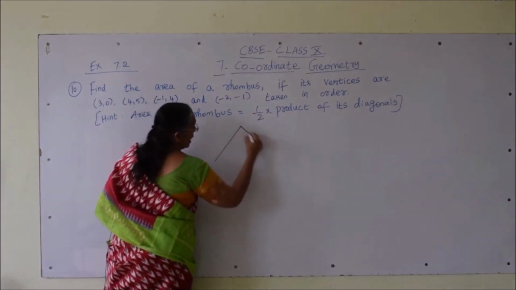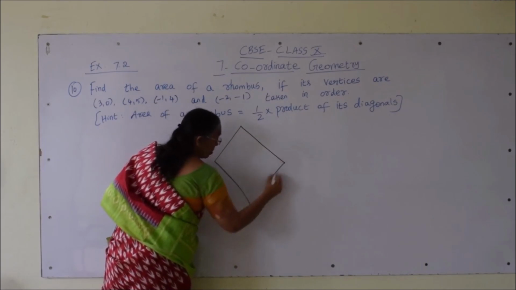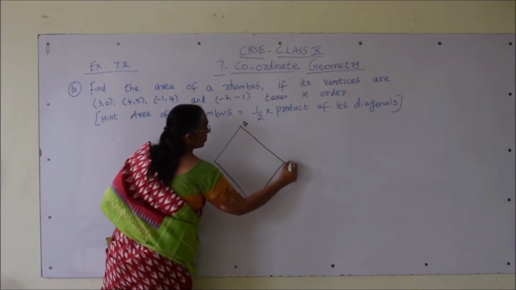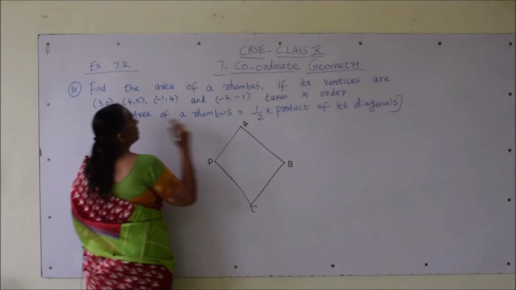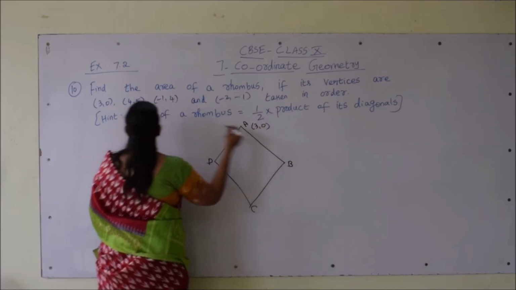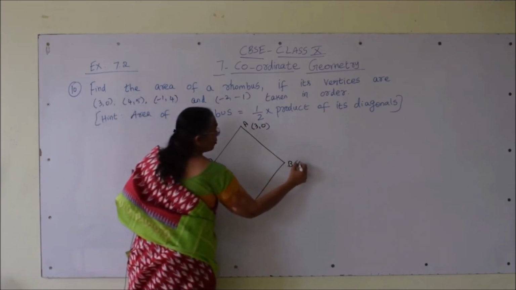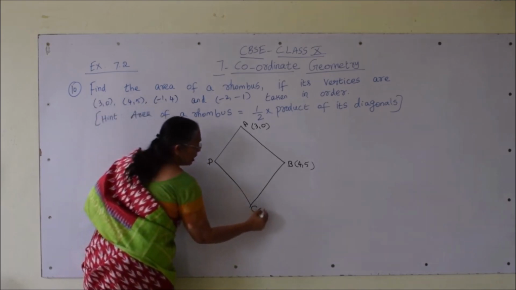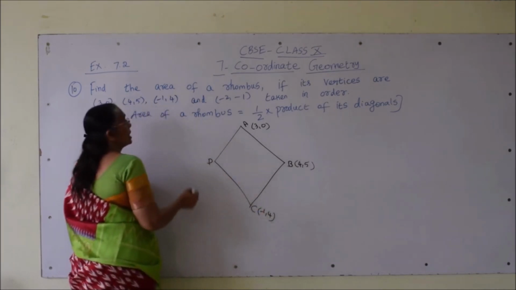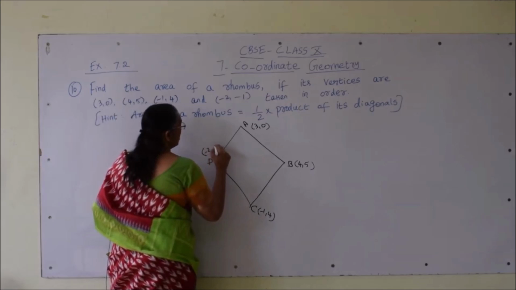Suppose ABCD is a rhombus and A vertex is given as 3 comma 0, B vertex 4 comma 5, C vertex minus 1 comma 4 and D vertex minus 2 comma minus 1.